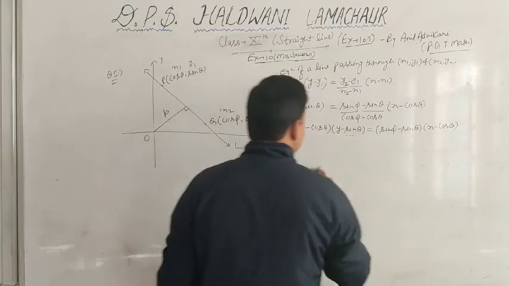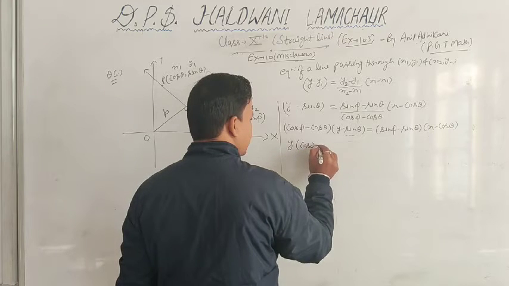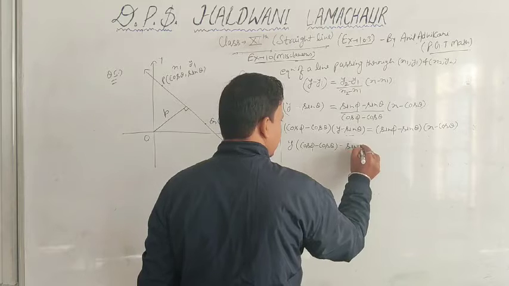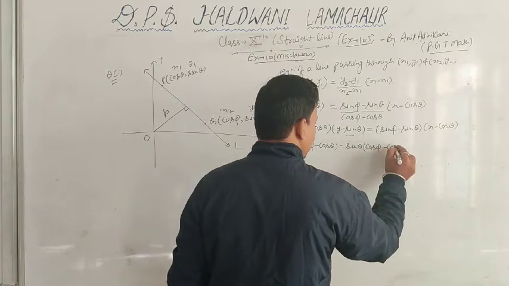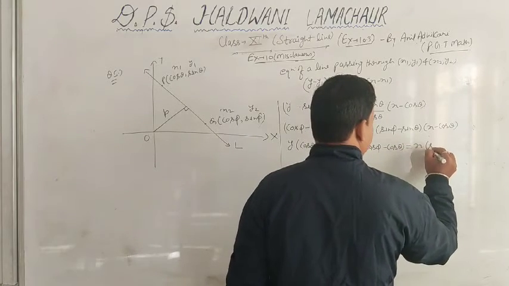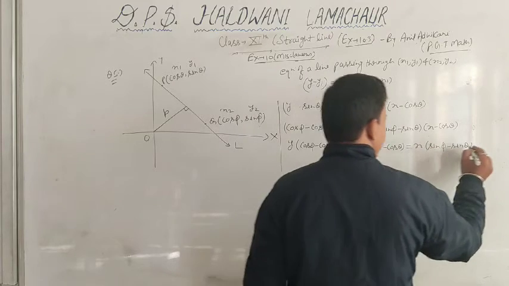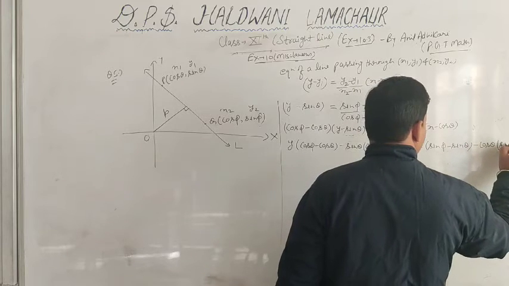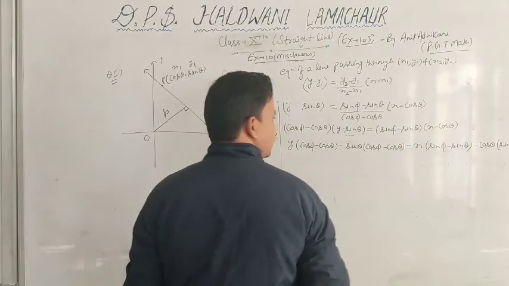Now this will become y times (cos phi minus cos theta), and minus sin theta within bracket (cos phi minus cos theta), equal to x times (sin phi minus sin theta), and minus cos theta multiplied with (sin phi minus sin theta). Now solve this equation further.